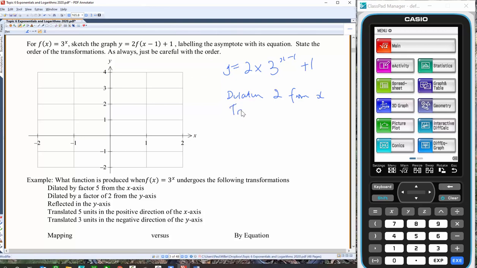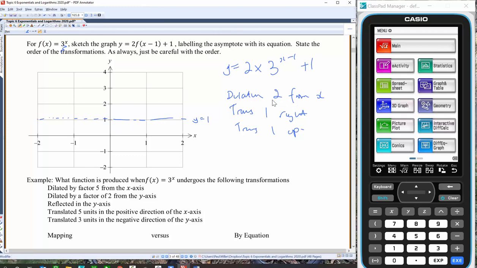It's a translation to, not 2, 1, right? And it's a translation 1 up. All right, so what I do is I always take care of the 1 up first by noting that our original asymptote, which would have been at y equals 0, is now at y equals 1.